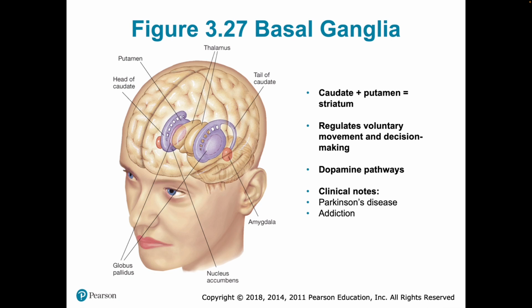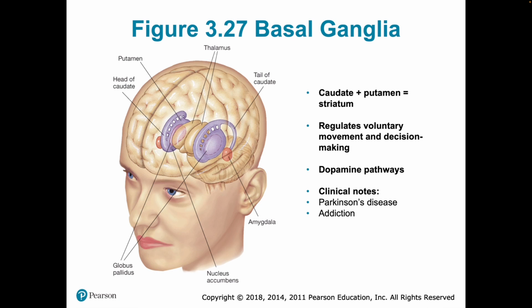Dopamine pathways are important for processing rewards and for regulating behaviors. Okay, and so based on the fact that it is involved in dopamine pathways, that it regulates movements, decision making, reward processing, right? When you make a decision, you're looking for a reward out of that decision, right?